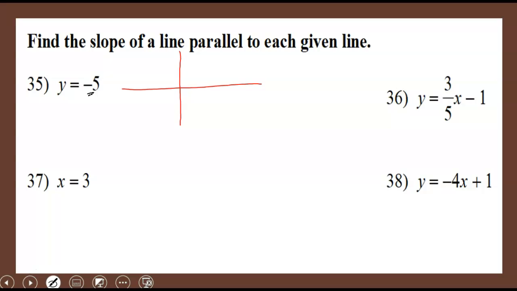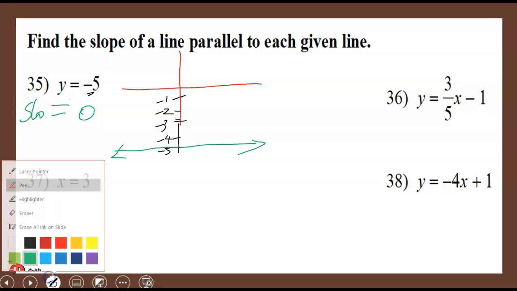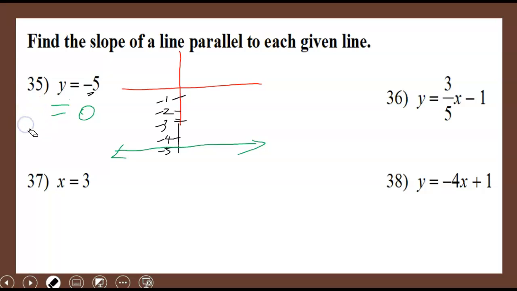If we have -1, -2, -3, -4, -5, this will be a line that passes through -5 like this. So it is a horizontal line, and the slope of any horizontal line is 0. So the slope of this line is 0. I'll just write it as m, which is the slope.